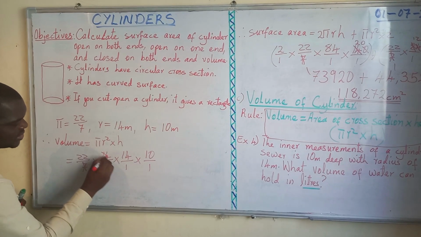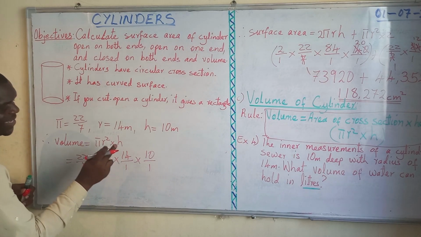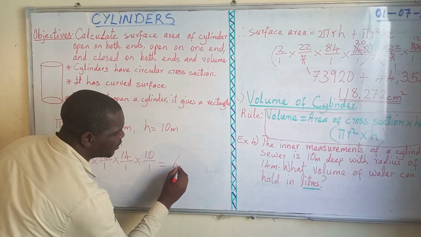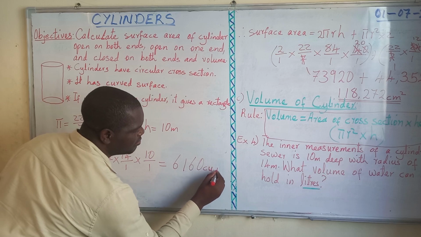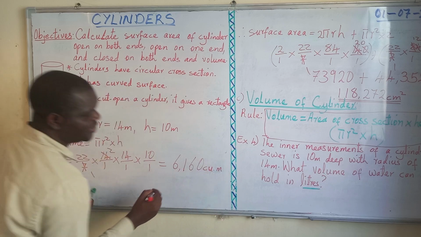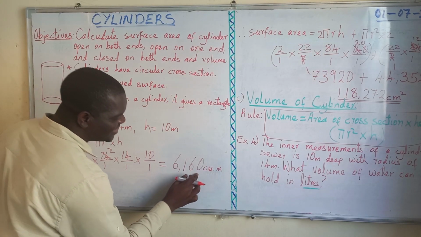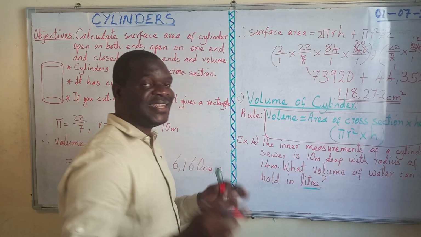7 here 1 time, 7 here 2 times. 22 times 2 times 14 times 10 is going to give us a total of 6,160 cubic meters of water. Take note, 6,160 cubic meters. But we are asked to express our answer in liters.